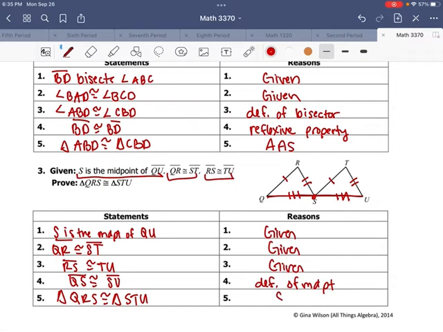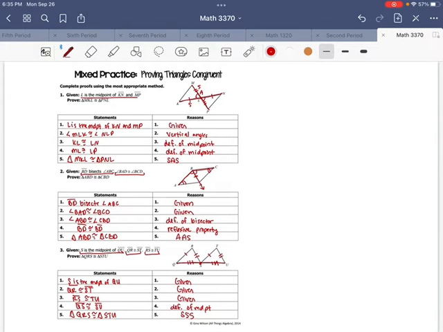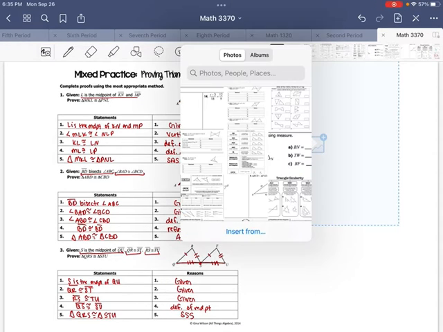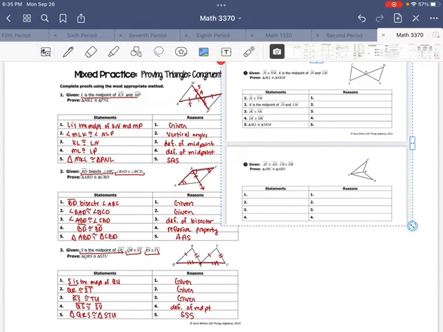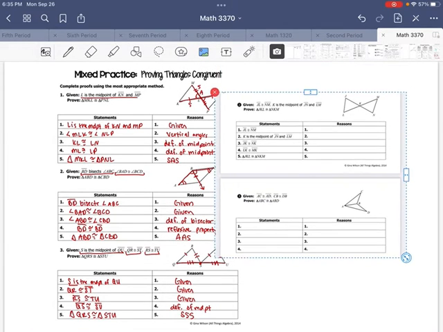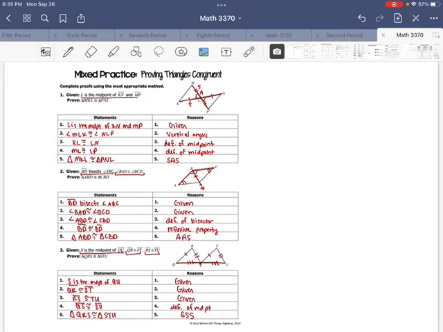Thought I had an example with parallel lines, but I guess I don't. Let me see if I can find one real quick, because I think there's one on your homework that has parallel lines. Maybe this one? Nope, that one's not one either. Let's just use the picture from number 3, and I'll change the given info, and we'll do another one.